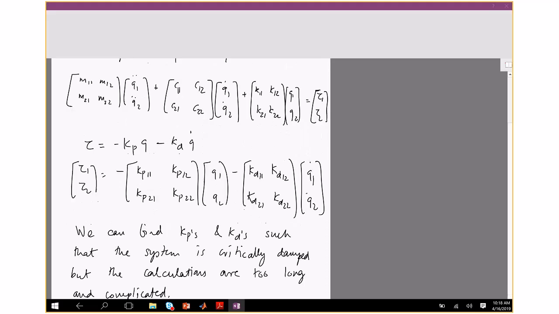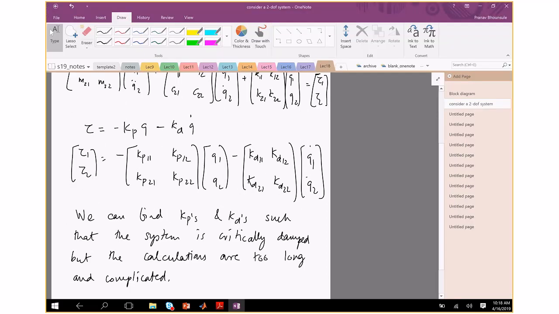What I said might be too hard to understand. When I put the equations down, it might be much easier. So here's the idea. It's called control law partitioning.